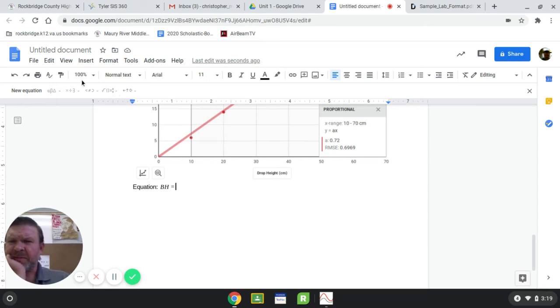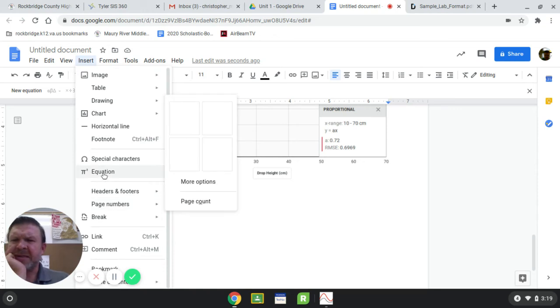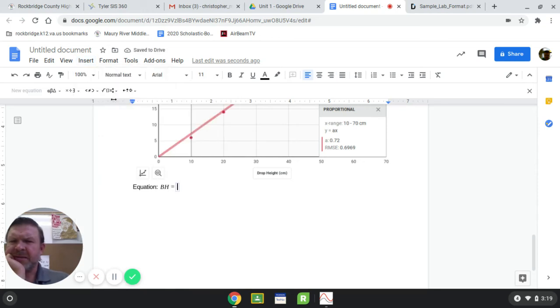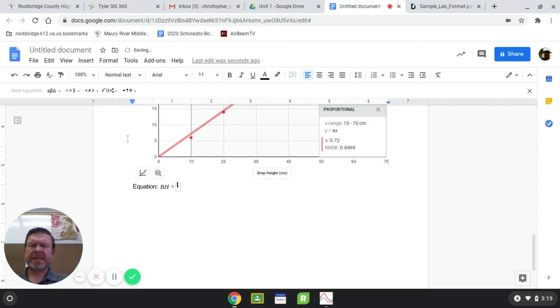If you're using your own computer and it's a PC, all right, it's starting a new equation for me over there. We can deal with that.